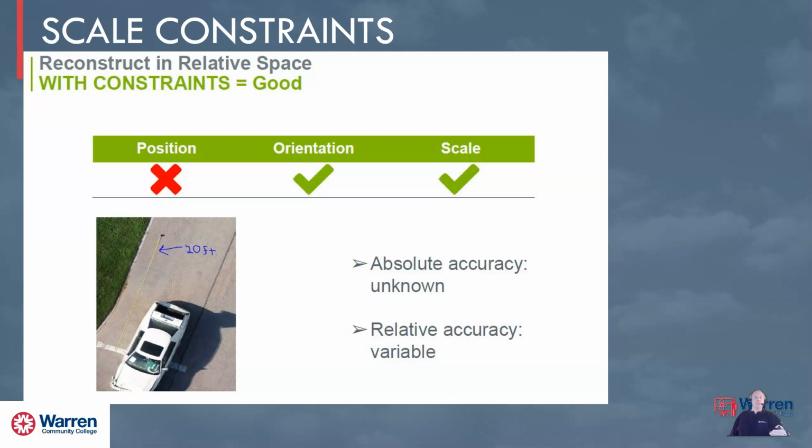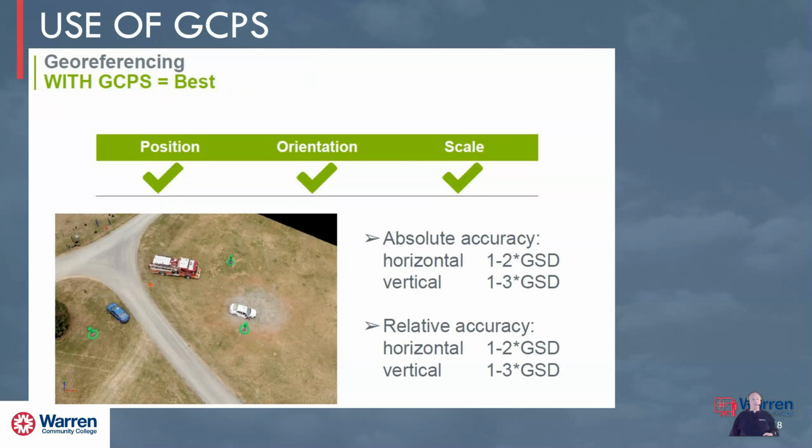All right, so position, no. Orientation and scale, you're going to be able to get to. Exact position, absolute accuracy, unknown. Relative accuracy with scale constraints is going to vary based on how many scales you have that you're measuring back to, based on your ground sampling distance and a number of other factors.